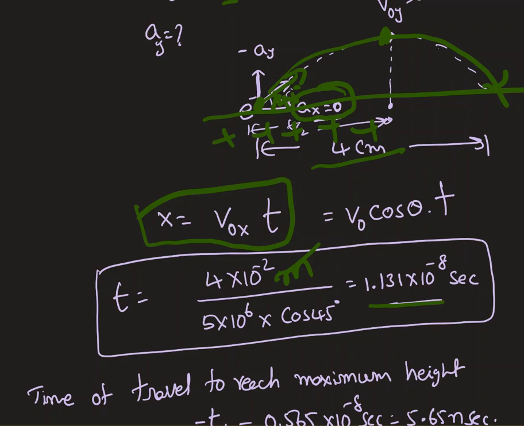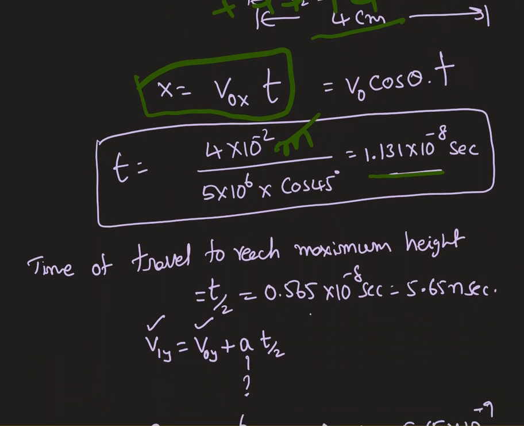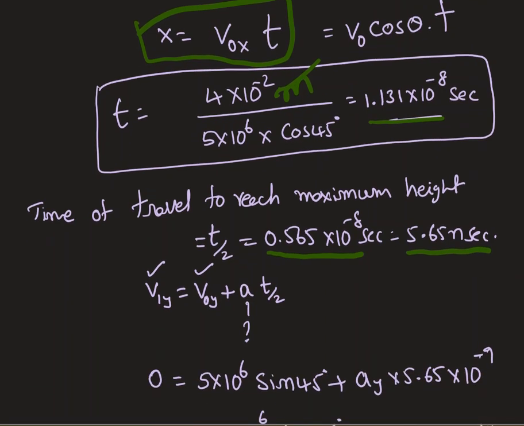Okay, so my goal is I want to know the time taken to reach the highest point, which is half of the total time of travel. I found that that value is 5.65 nanoseconds, or 0.565 times 10 to the power of minus 8 seconds. Now I'm going to use another kinematic equation.